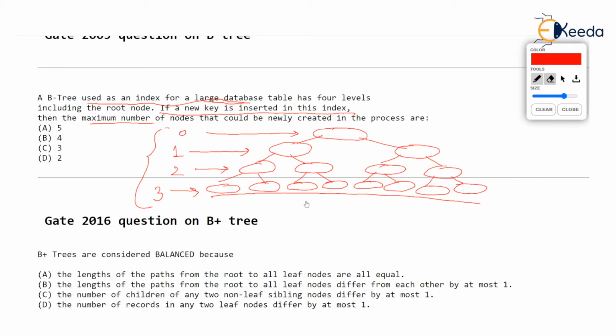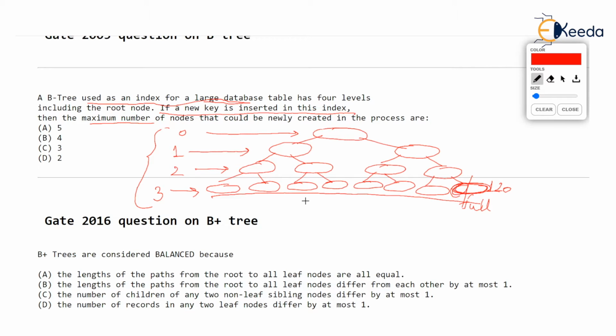So imagine, just imagine 120, the new value we are inserting, has to go in this leaf node, the rightmost leaf node. But this leaf node is full. It cannot accommodate 120. Then you recall the split and propagate process. We will split this node into two parts, isn't it? The left split and the right split.